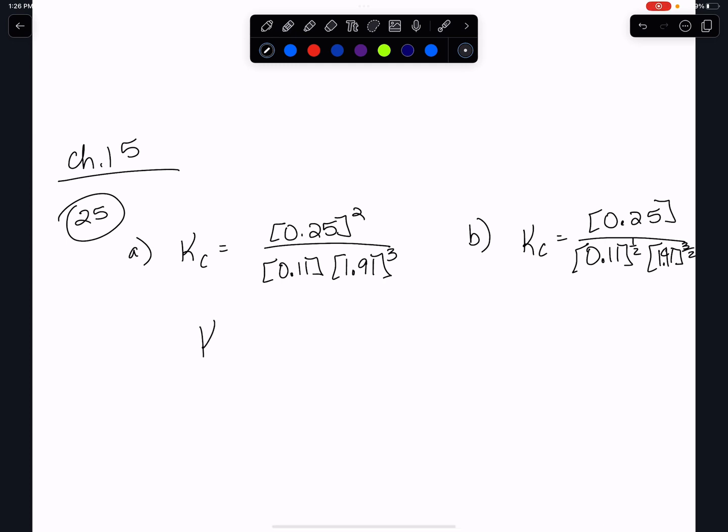So whatever we calculate for A, if we cut the coefficients in half, that means for B, we take the square root of this number, and that'll give us the answer. If you double the coefficients, you square it, but if you cut them in half, you would take the square root of that number.